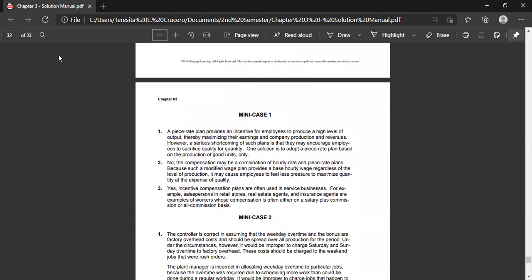Mini case number 1. Kelly is considering the implementation of an incentive wage plan to increase productivity in a small manufacturing plant. The plant is non-union and employees have been compensated with only an hourly rate plan.